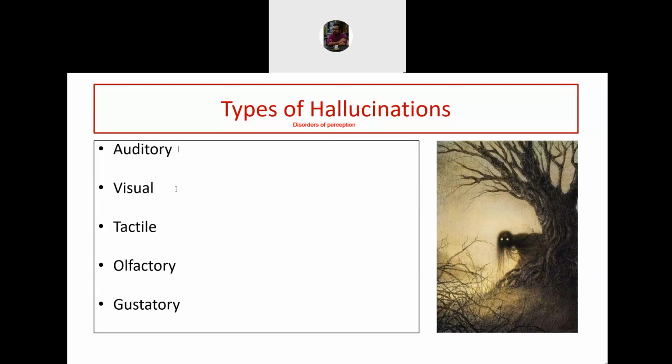So auditory hallucination happens to be the commonest hallucination in schizophrenia. Whereas visual hallucinations are usually more common in organic brain diseases, for example, in Alzheimer's disease.